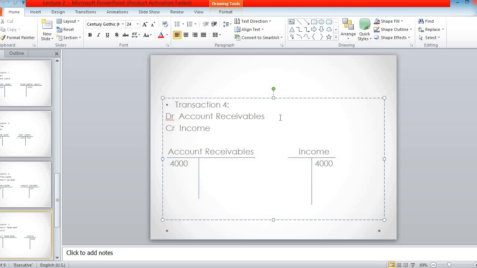We just provided services and haven't got the money. We haven't got money, so our cash does not increase. So the only change is in the account receivables.